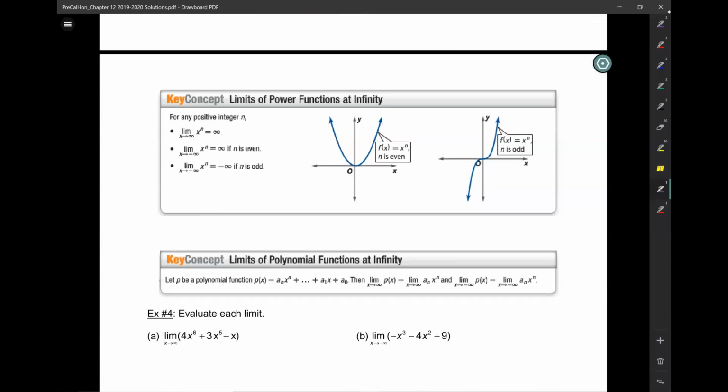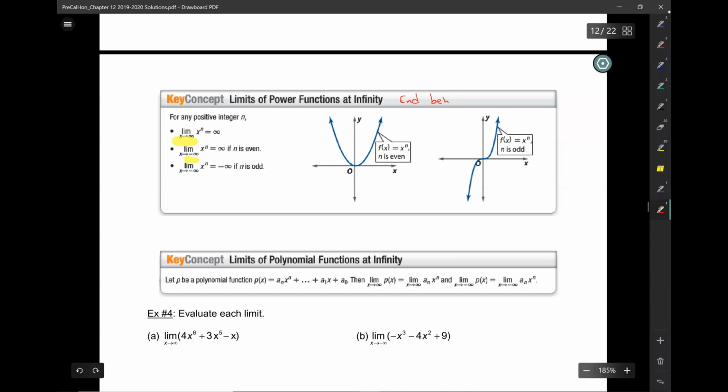Let's move on to limits at infinity. What happens if I have to find the limit of a function as x approaches infinity? Remember, when x approaches infinity or negative infinity, what we used to call this before was end behavior.